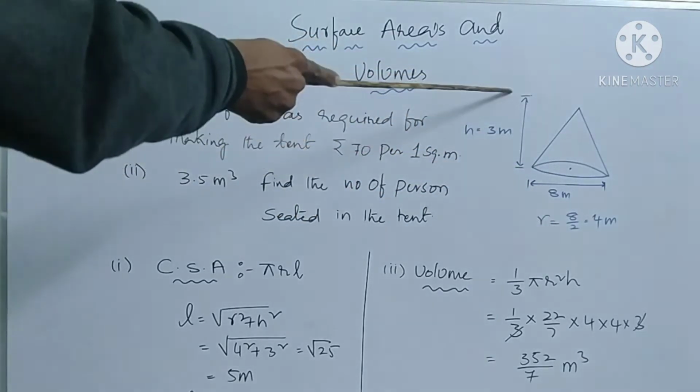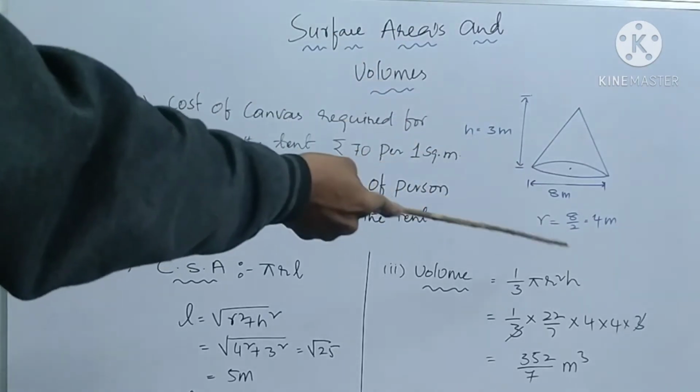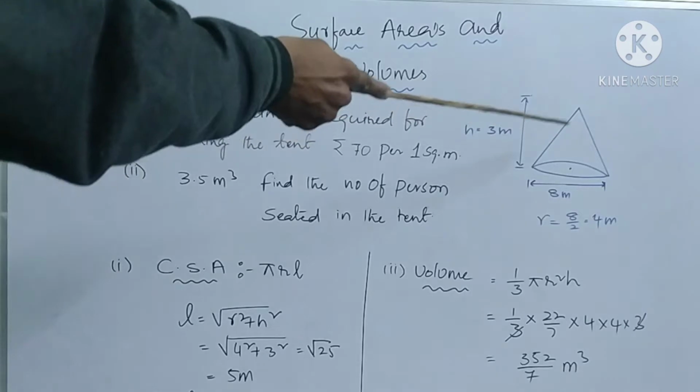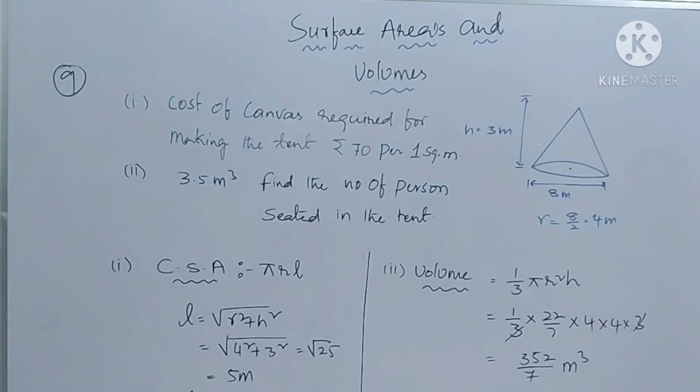Here the height is 3 meters and the radius of its base is 4 meters. Tents are always in the shape of a cone.